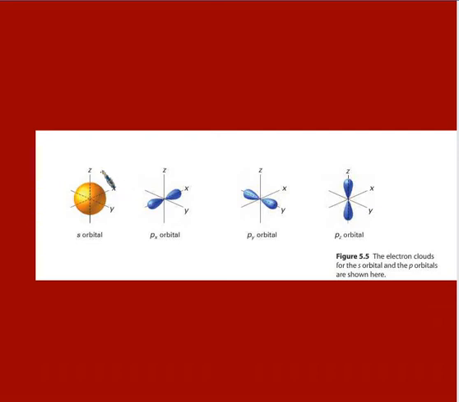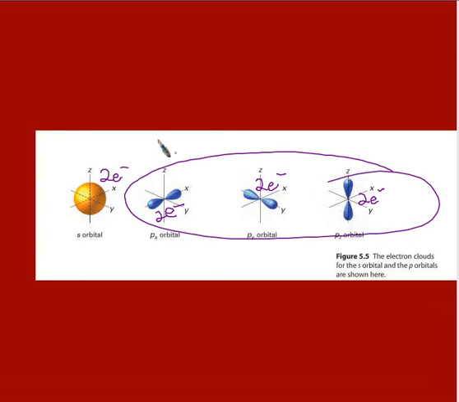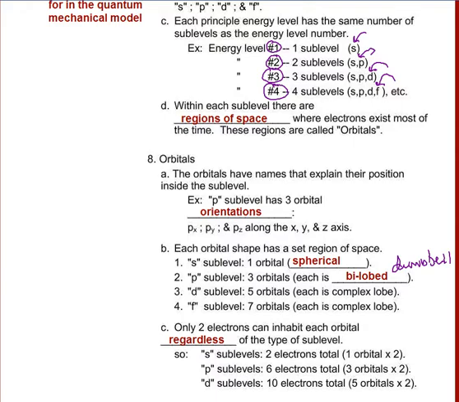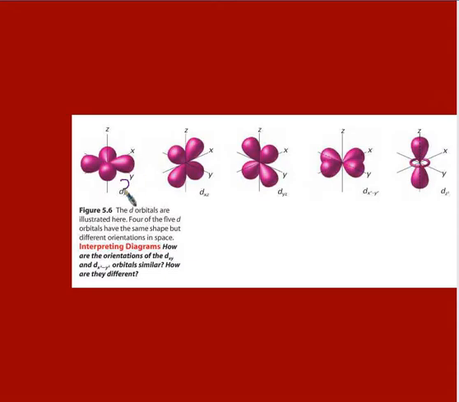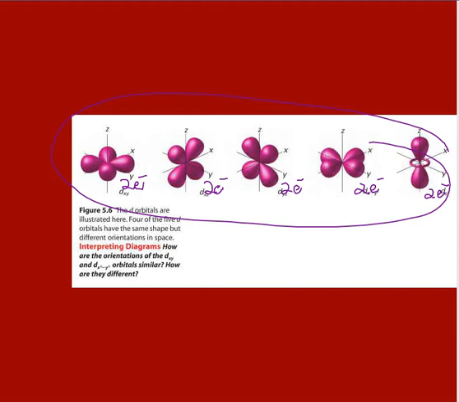So this one is going to have 2 electrons only. This is going to have 2 electrons and 2 electrons and 2 electrons all together for this p orbital. The d sublevel is going to have 10 electrons because it's going to have 2 electrons and 2 electrons and 2 electrons and 2 electrons and 2 electrons. So that's a total of 10 for the whole d sublevel.